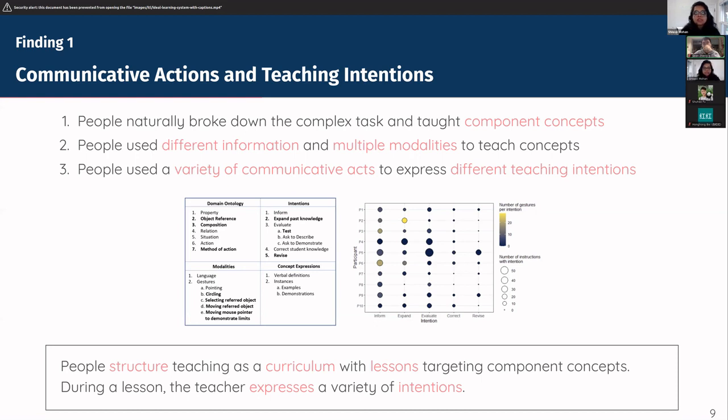So the teacher is not just providing information for the system to learn from, but also is trying to evaluate through interactions how much the system actually knows. And this is very important because unless you probe for more information, you cannot diagnose what the system knows and doesn't know and why, and then you cannot provide the right information or the right structure. So humans, again, do this very naturally.